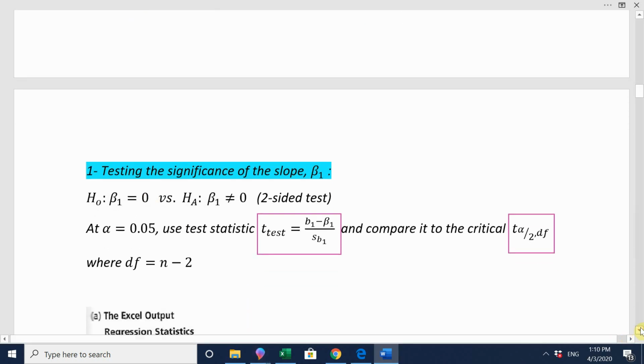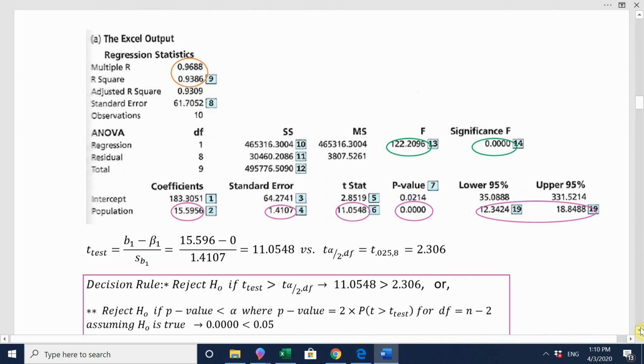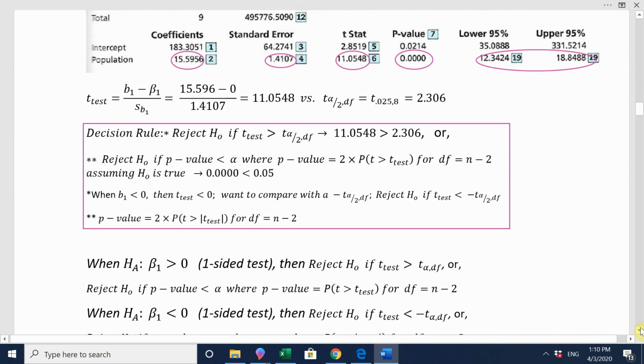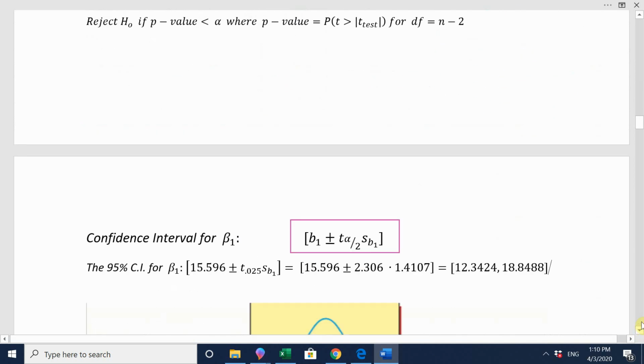So that is how we can use confidence intervals to also address the significance of the relationship between X and Y. Here I do know with 95% confidence that beta 1 does not equal 0 because I have this 95% confidence interval. This can also be done for building a confidence interval for beta naught.